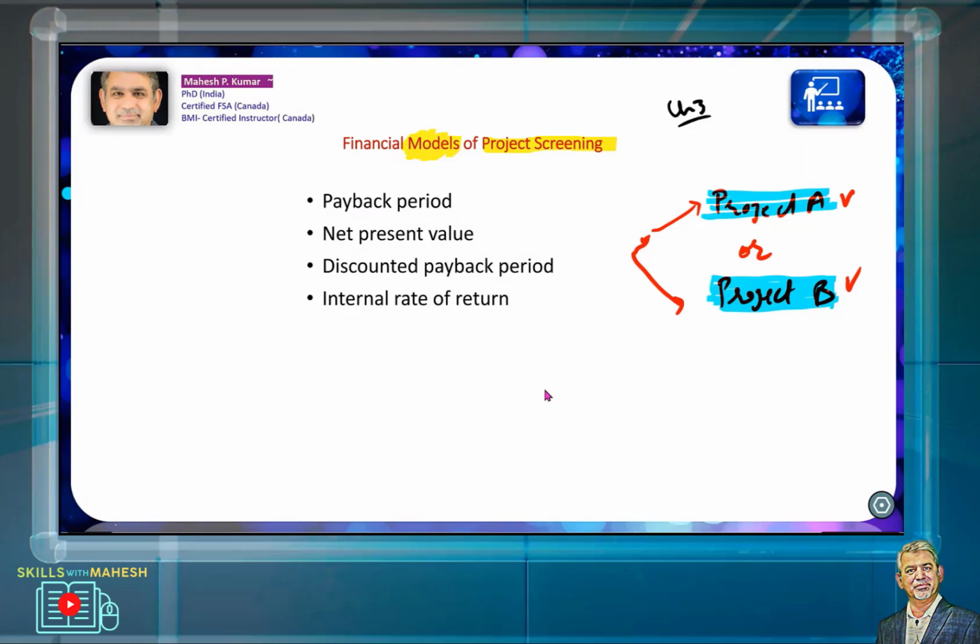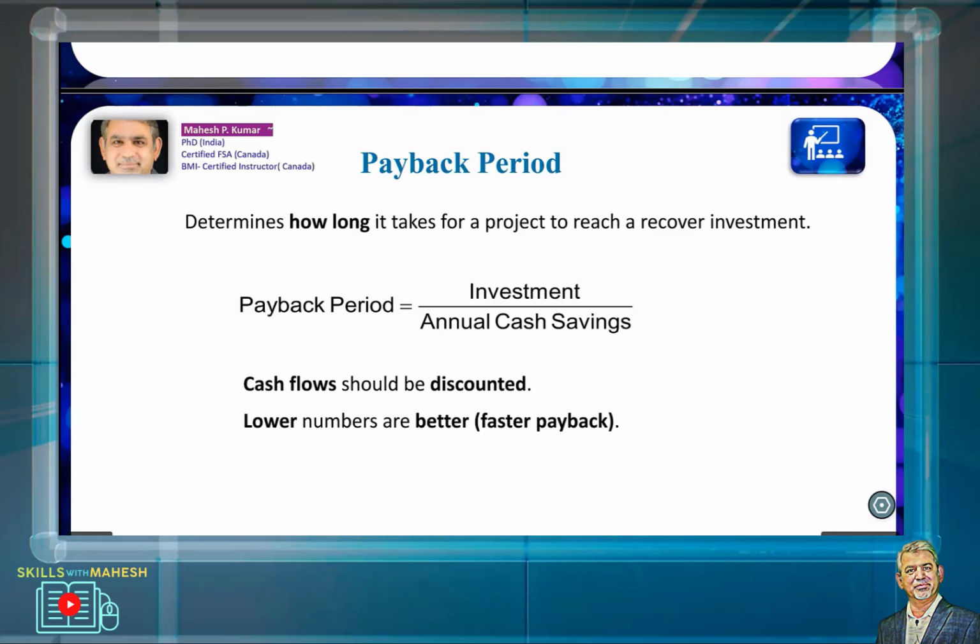There are four in total: payback period method, net present value method, discounted payback period method, and internal rate of return. Now, look at this. If we read slowly, this would make sense. And I have been exploring these methods very seriously, not just theoretically.